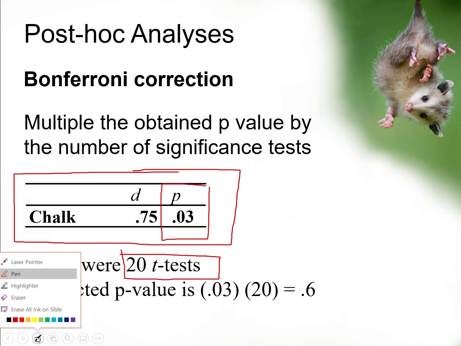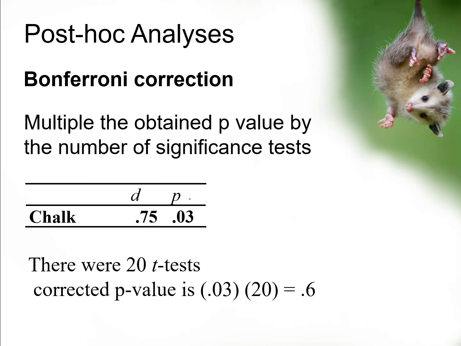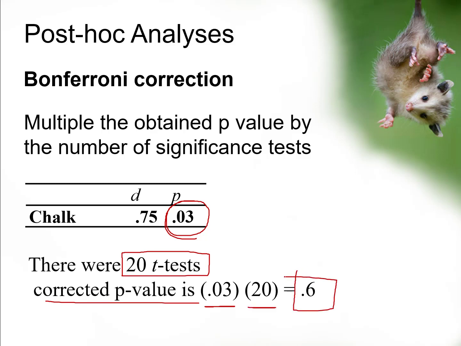So if I were to do a Bonferroni correction for that study, I'd take this p-value of 0.03 and multiply it by the number of significance tests that I did. And I have that down here. The corrected p-value is 0.03 times 20. I get a corrected p-value of 0.6. That is definitely not less than 0.05. So if I do this Bonferroni correction, I would say this effect was not significant.